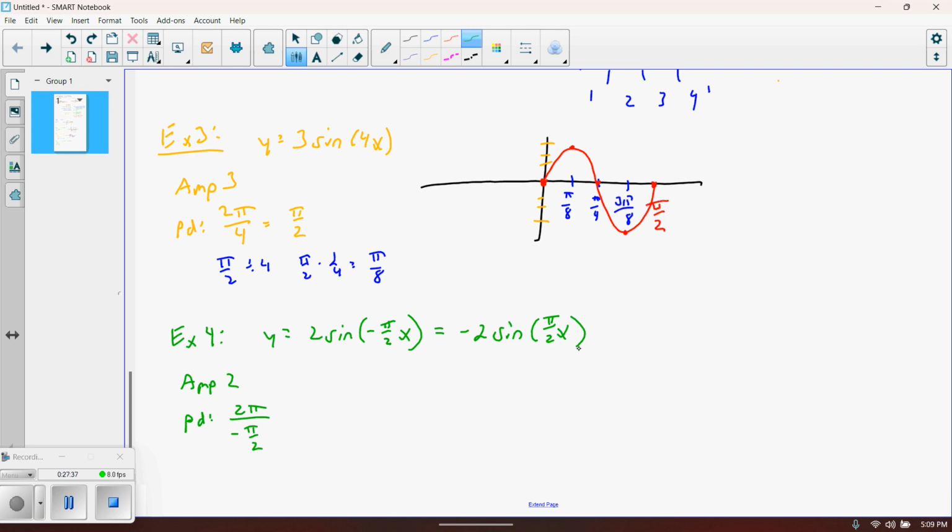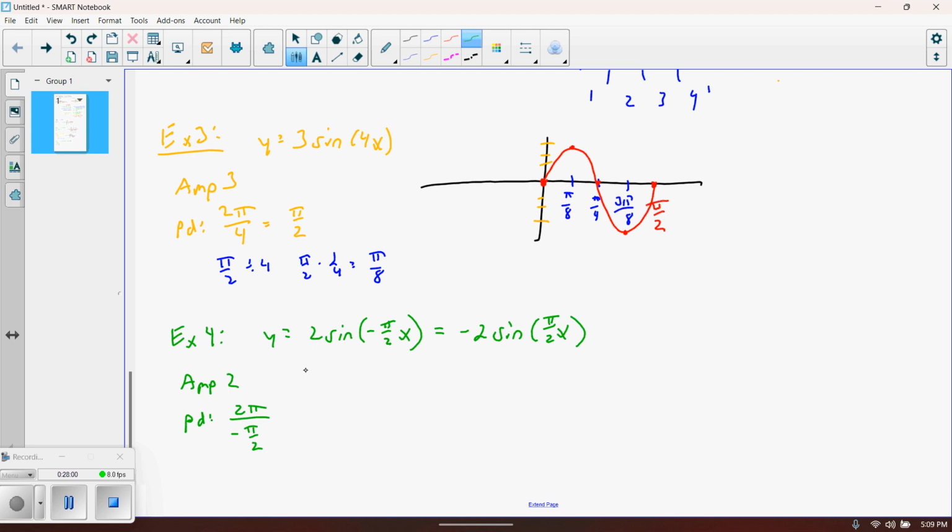Do not think of this as factoring out a negative, because that's not really what you're doing. You're using the fact that sine is odd to know that if I were to input a negative angle in here and get out a positive, well, if I input the positive, I should get out a negative. That's what the odd part of this means. So you can rewrite it.